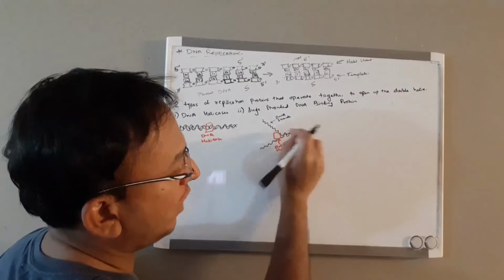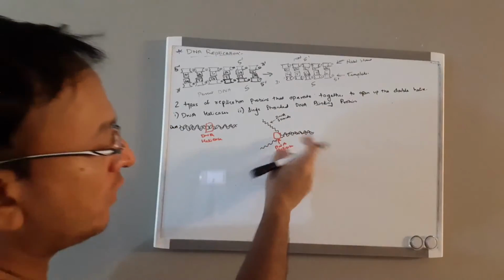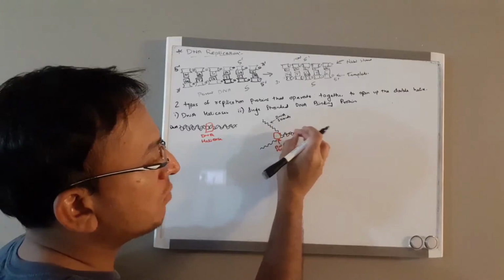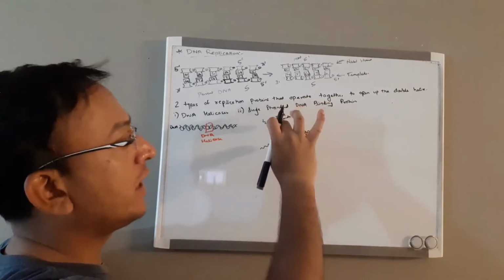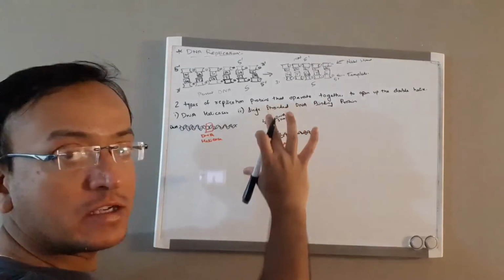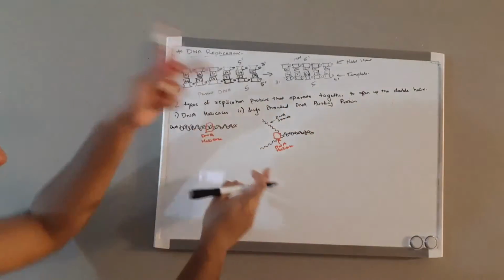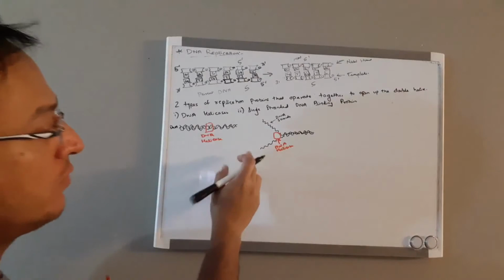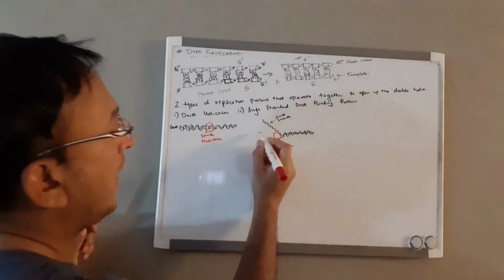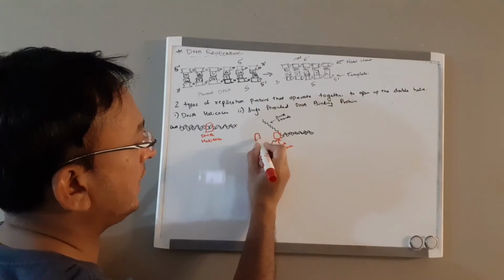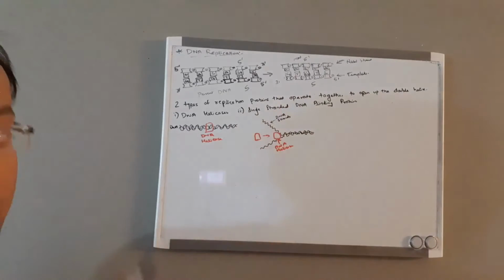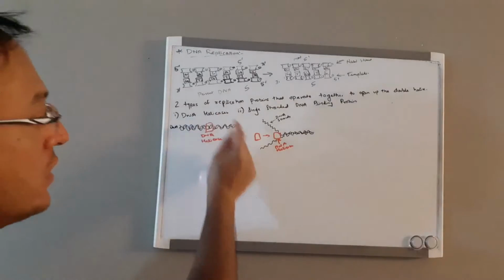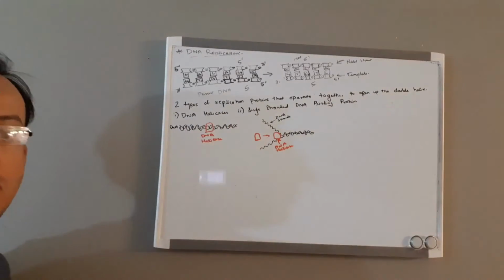It's like a ball, and as it moves, it keeps separating the DNA strands from each other. If our helicase was here and it moved further, it opened this entire part. So this is the first use of our DNA helicases. This is our first protein.